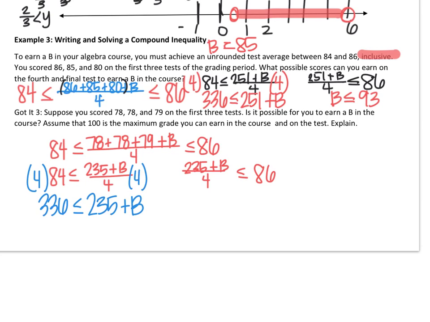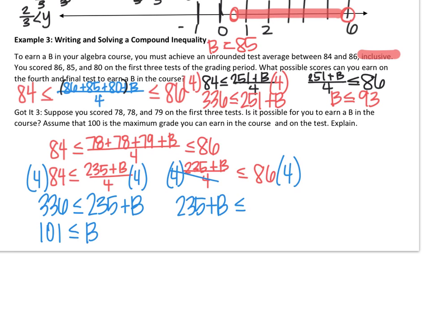Subtract 235 from both sides, and I get 101. On the right hand side, I'm going to do the same thing, multiply both sides by 4, and I get 344.